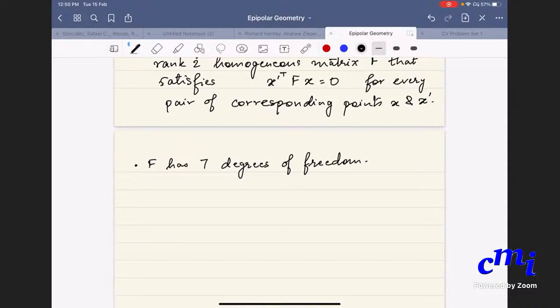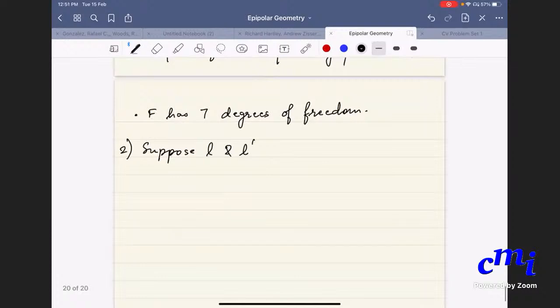One more property. Suppose L and L prime are corresponding epipolar lines. This second property comes in handy when you're doing computation. I hope you understand what I mean by corresponding epipolar lines: X and X prime are corresponding points, then they have epipolar lines in the two images.